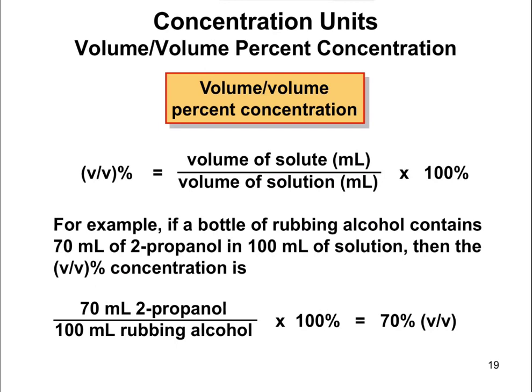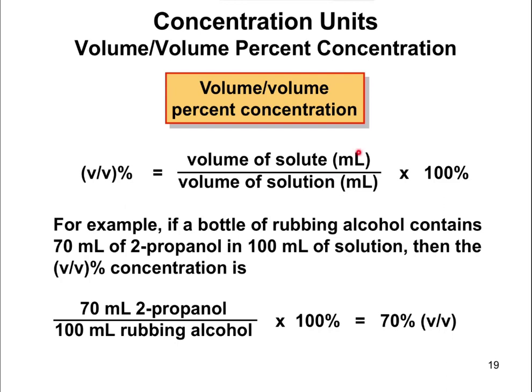Now, volume percent is going to be similar, except here there's not a weight in grams. In volume percent, everything is in volumes. What you see here, this V/V means volume percent, and it means you have the volume of the solute divided by the overall volume of the solution.